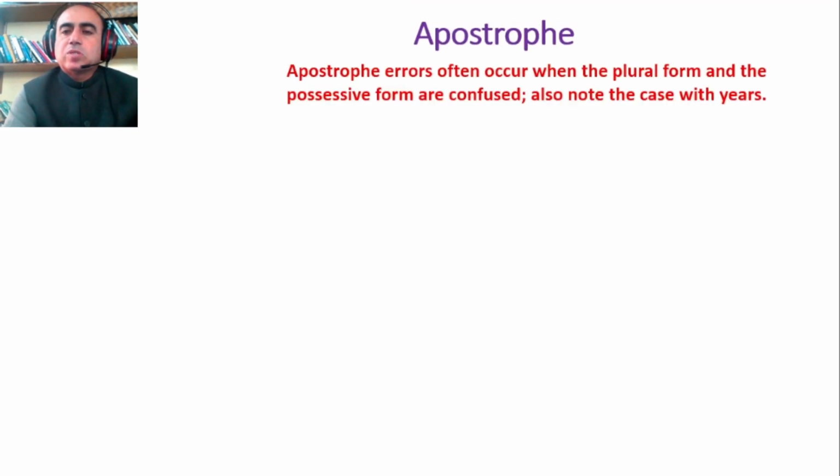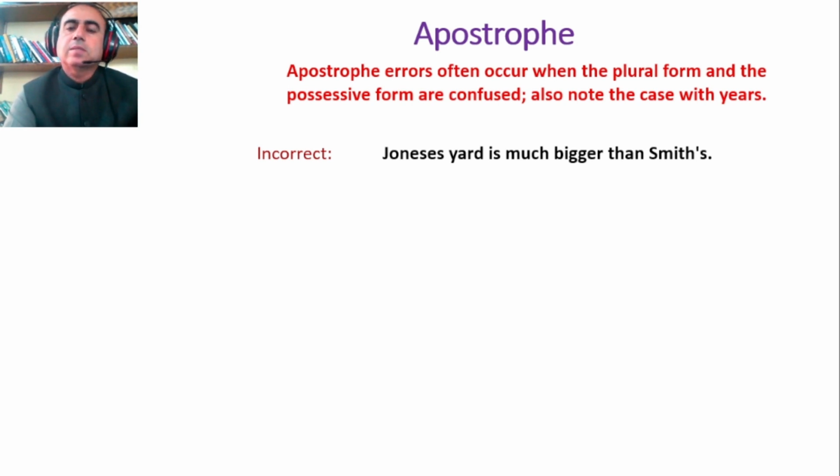Errors with the apostrophe happen when possessive cases and plural cases are confused. Here is the example: Jonas's yard is much bigger than Smith's. Here, the possessive case has been confused with the plural case.